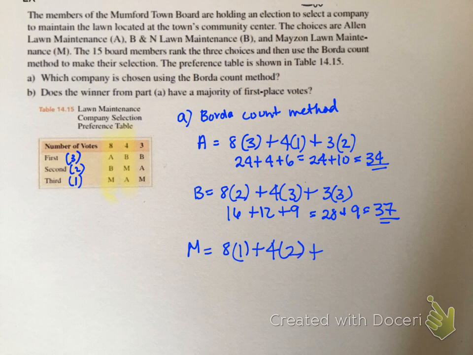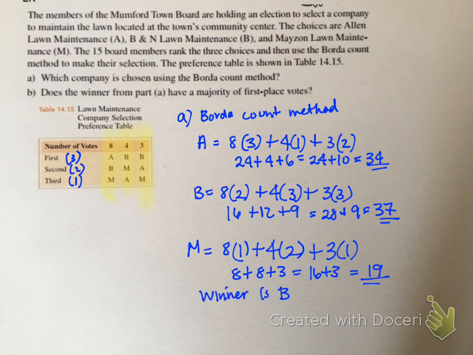And in the last column, M is in last place, so those 3 votes get multiplied by 1. So we get 8 plus 8 plus 3, so 16 plus 3, which equals 19. So the winner using the Borda count method would be B, which was B&N Lawn Care Maintenance.